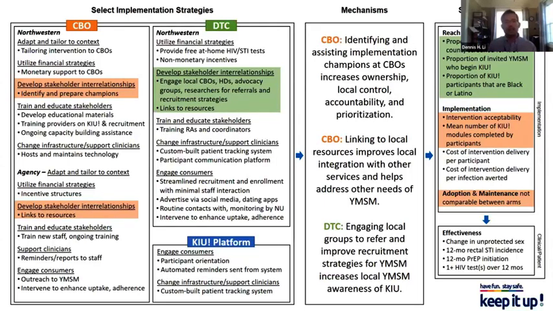Whereas in the DTC arm, we engaged with local groups at each of the 22 counties. We're engaging with local CBOs, local health departments, advocacy groups. And while they are not delivering the intervention, we're utilizing them to refer people to Keep It Up, or to learn about localized recruitment strategies that we can use to increase reach and awareness to YMSM in those locations.